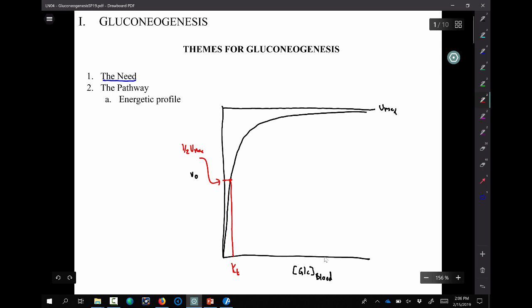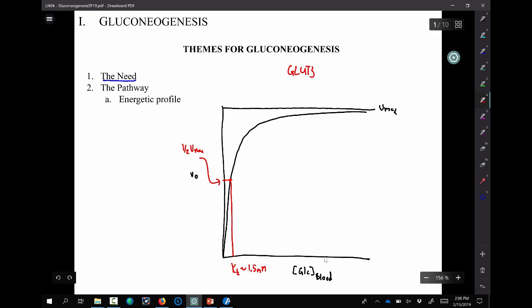And the KT for GLUT3, I'll label this up here, GLUT3, is about 1.5 millimolar. Okay, that's its KT. It's about an order of magnitude, or about 10 times smaller than the KT of GLUT4 or GLUT2. Now, here's what's interesting about this.